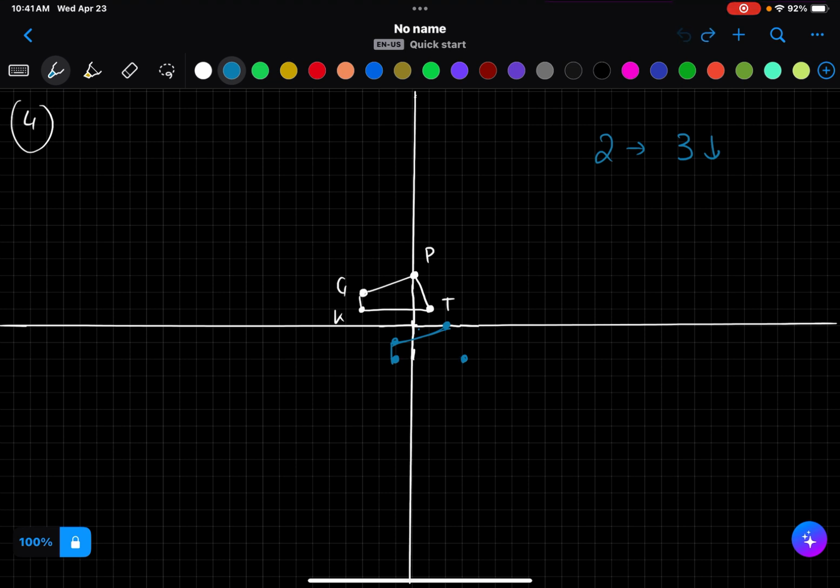Oh my God, I'm going to redo that. That looked horrible. Okay, I think that's better. All right, there you go. That's what your translated object, 2 to the right, 3 down, should look like. So that's number 4. Let's move to number 5. Pause this if you need to. I'll erase this one.